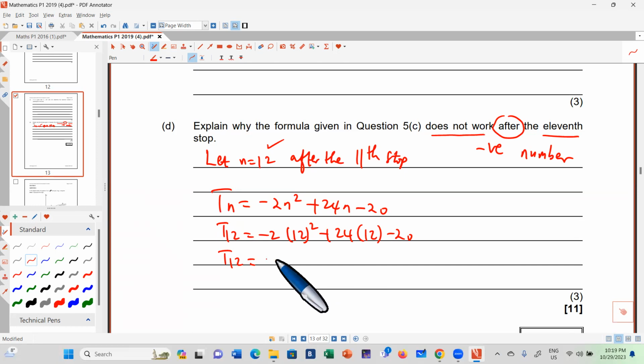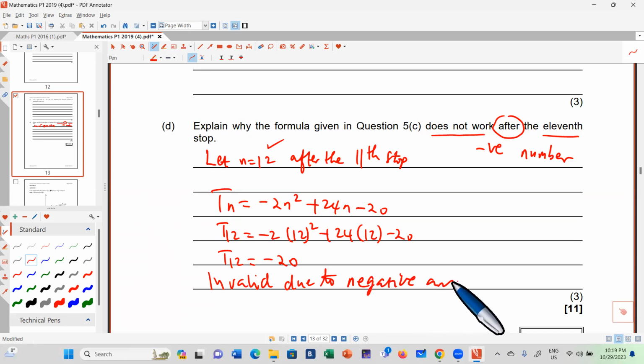If you add everything here, you'd get minus 20. Because now, if this is the number of passengers, we can't say the passengers are minus 20. So obviously, therefore, this one is actually invalid due to negative answer.